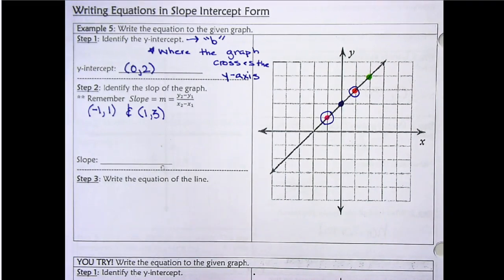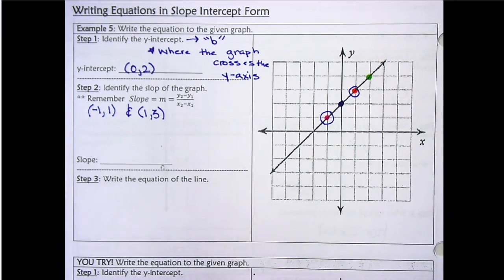It doesn't matter which 2 ordered pairs you pick on the linear function, we should get the same slope regardless. It may mean you have to reduce differently than I reduce here. It may mean you have to take care of some negative issues or simplify negative issues, but we should get the same slope.